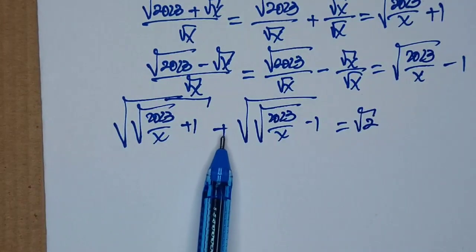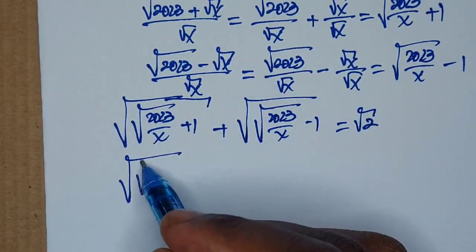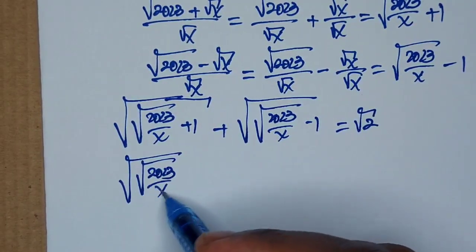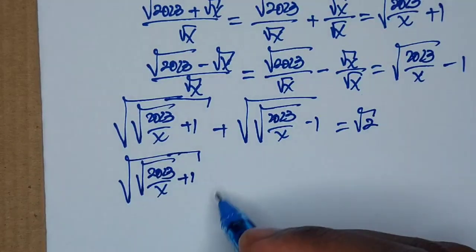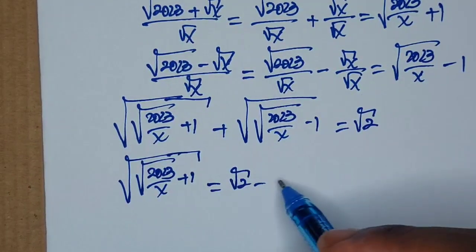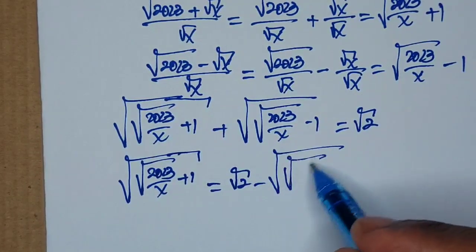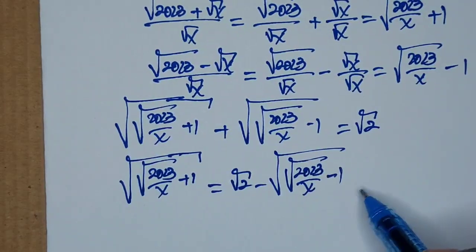So I'm going to keep this 23 over x plus 1, and I'm going to send this one to the other side of the equation, so it will be equal to square root of 2 minus square root of 23 over x minus 1.